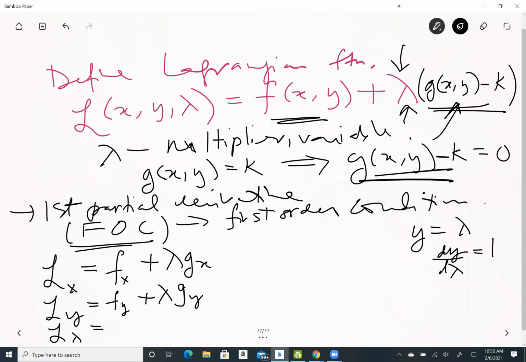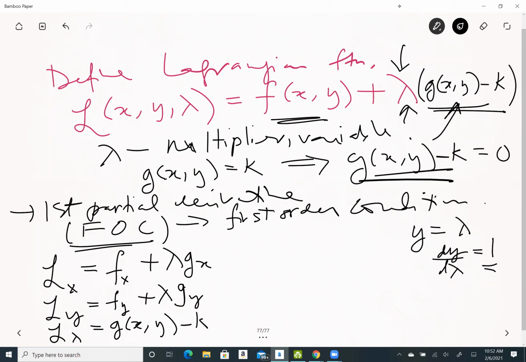Now 1 is multiplied by everything in the bracket, because lambda is multiplied by g of xy minus k. Therefore, the derivative with respect to lambda will be equal to the things in the bracket, g of xy minus k. You differentiate with respect to lambda, you get 1.